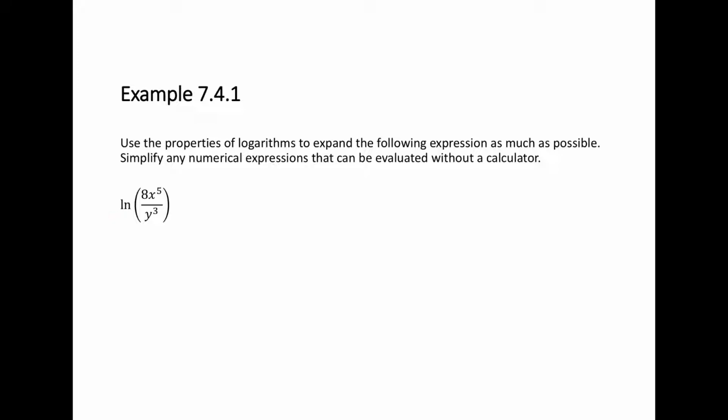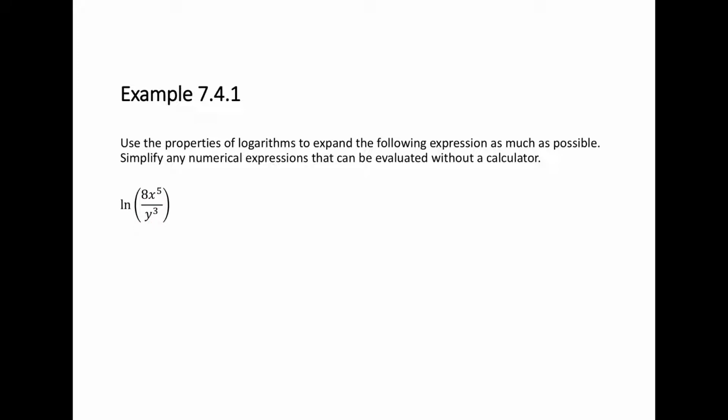So in my first example, I have the natural log of 8 times x to the 5th divided by y to the 3rd. Our argument of our logarithmic expression has three terms: the 8, the x to the 5th power, and the y to the 3rd.